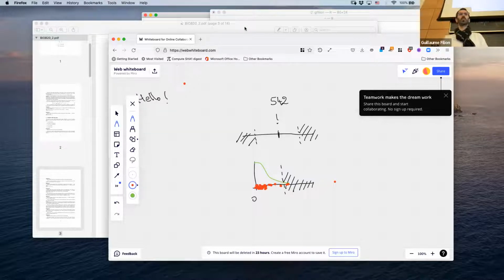So what is acceptable? What do you guys think? 60. Any other idea what's acceptable? Yeah, 5%, 1%. So why do you think that 1% or 5% is acceptable? No particular reason.